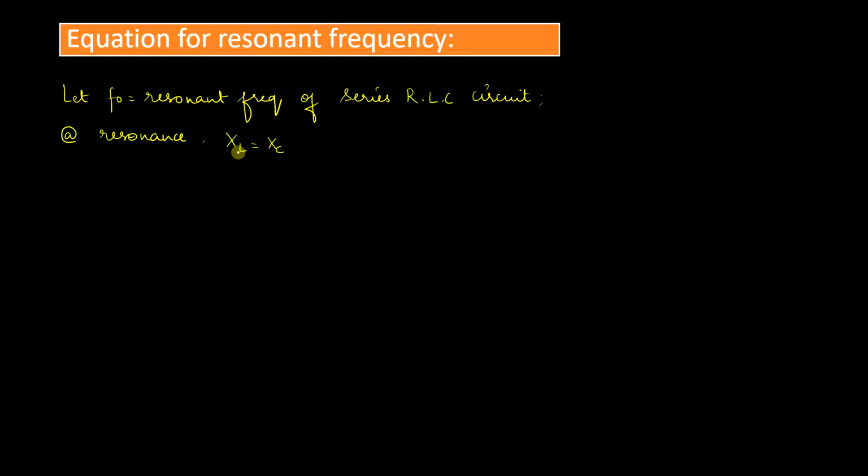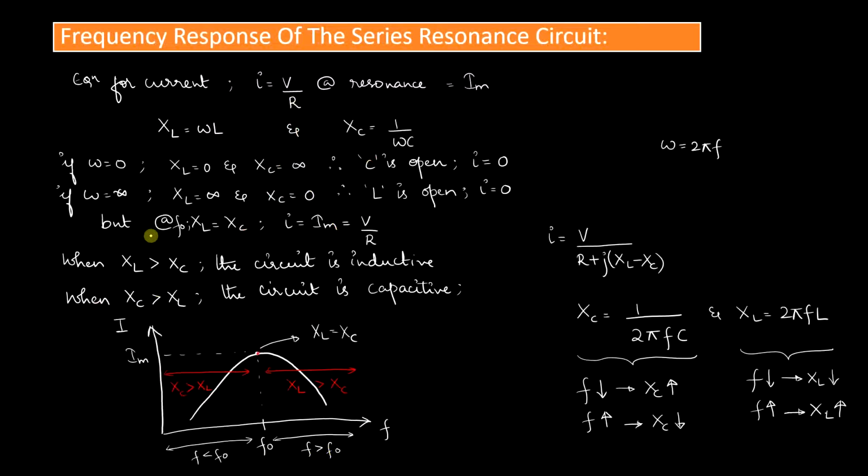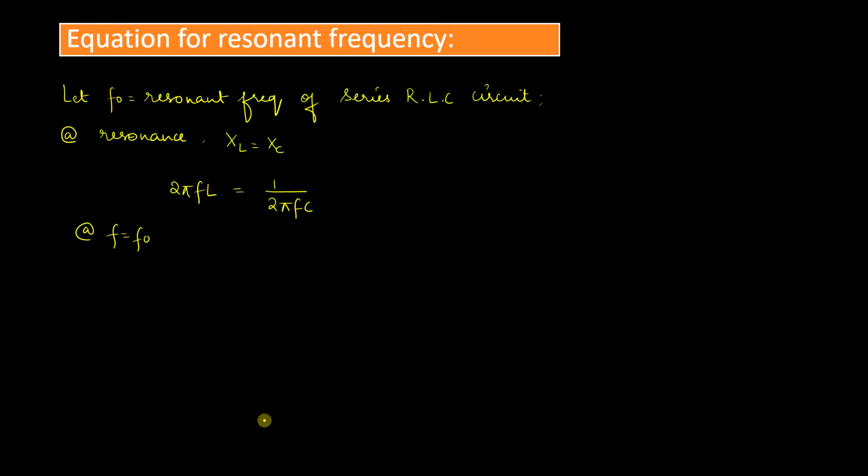So therefore, just look at this relationship. We can expand this in terms of frequency. We can write this as 2 pi FL equal to 1 by 2 pi FC, and at F equal to F0, because resonance occurs at a frequency F0, right? We have shown that in the graph here also previously when we considered the frequency. So at F equal to F0, just substitute in this relationship.